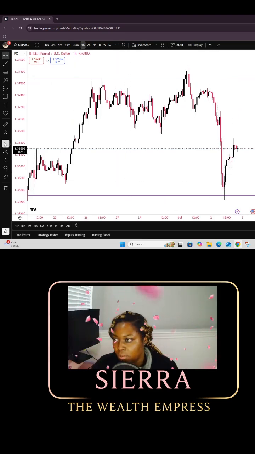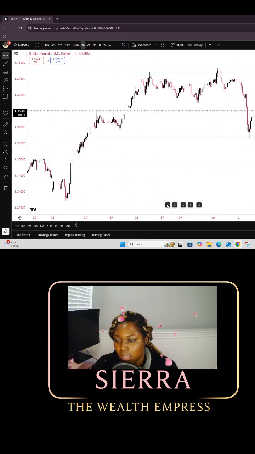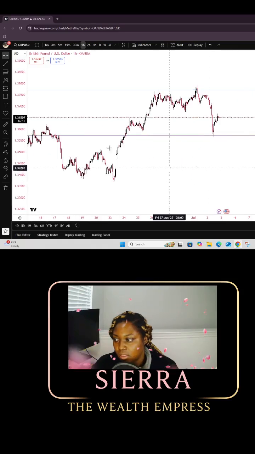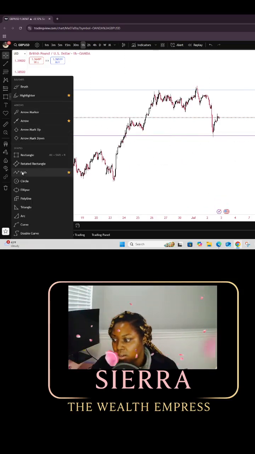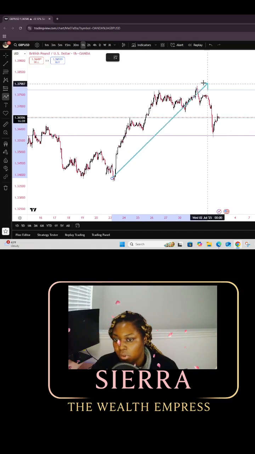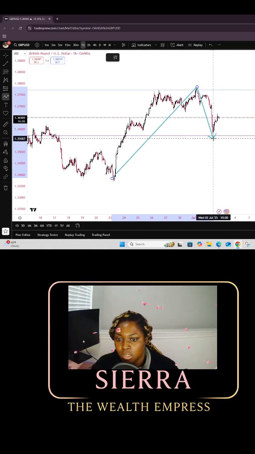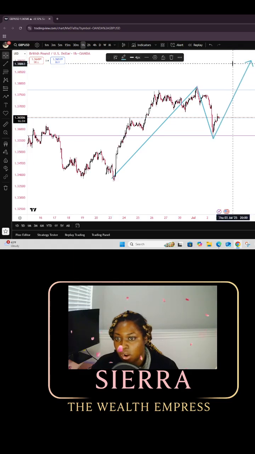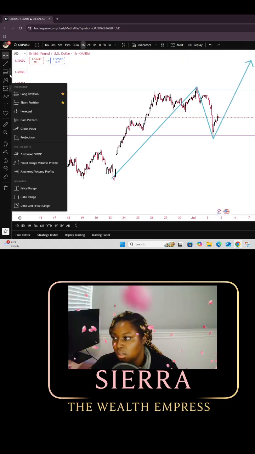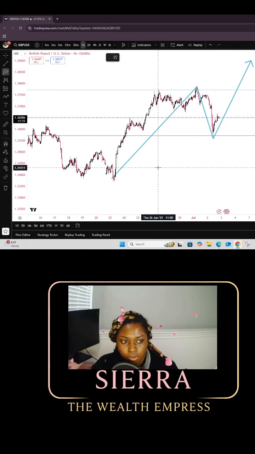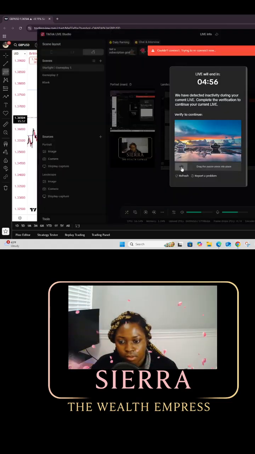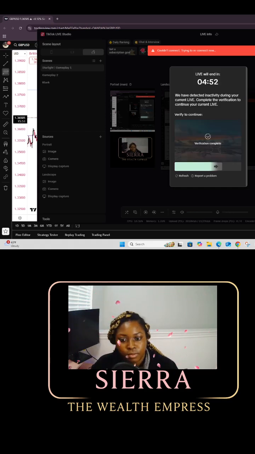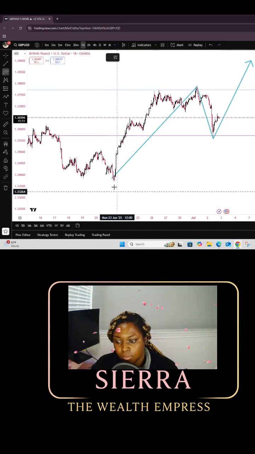So I'm currently in the buy because, again, this was our impulse phase here. This was our impulse. This is our correction. And now price is currently going into our continuation on our 5th. Okay.